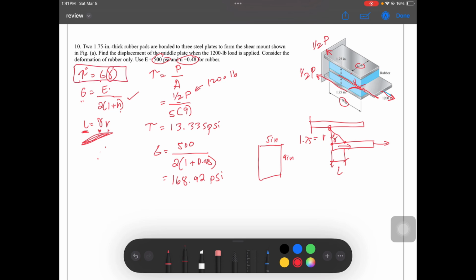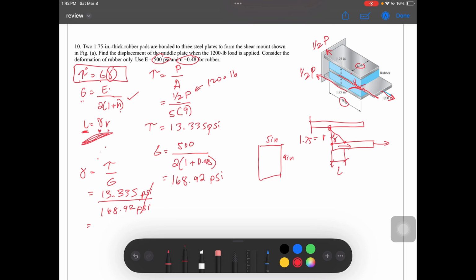And let's get gamma. Isolating gamma, it is shear stress over G. So our shear stress is 13.335 PSI and our G is 168.92 PSI. PSI is the same, so cancel. Gamma will be in the unit of radian.